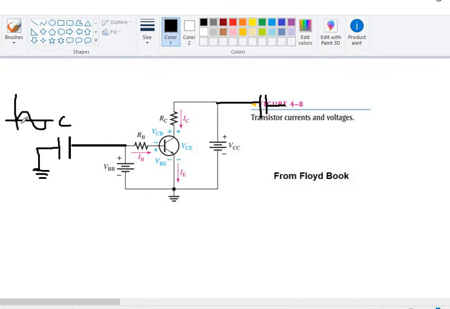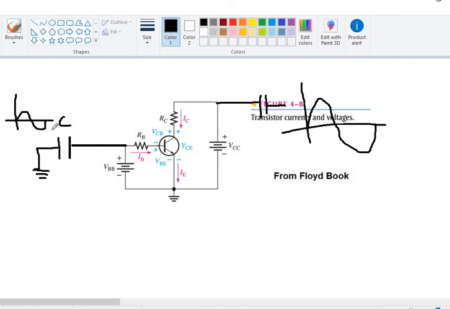So what happens here, we are providing the AC signal, and we will obtain an amplified signal, a faithful signal. What does it mean?